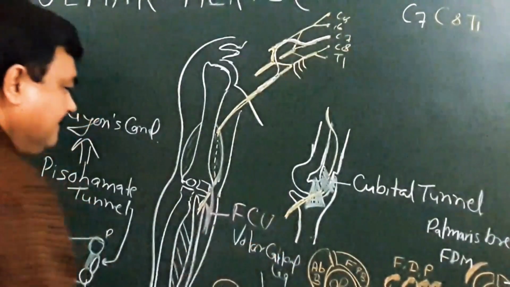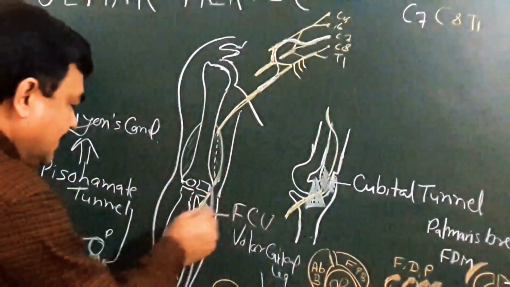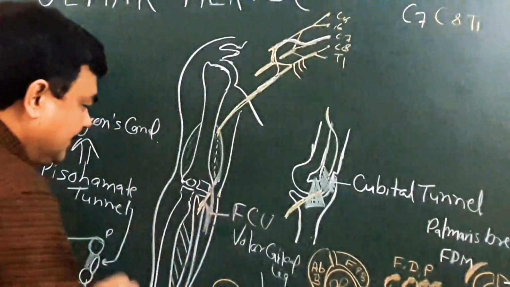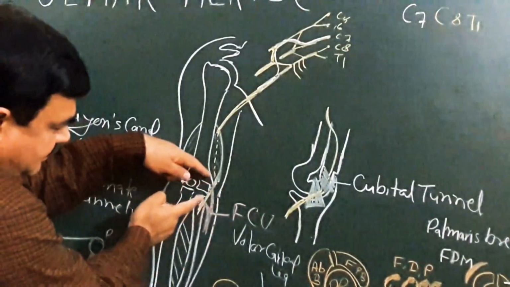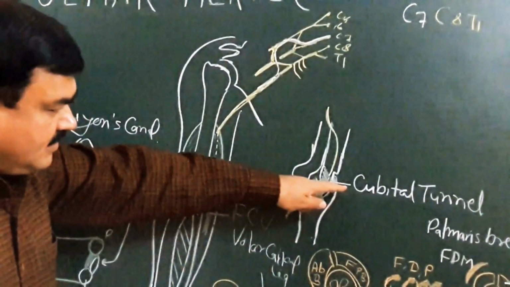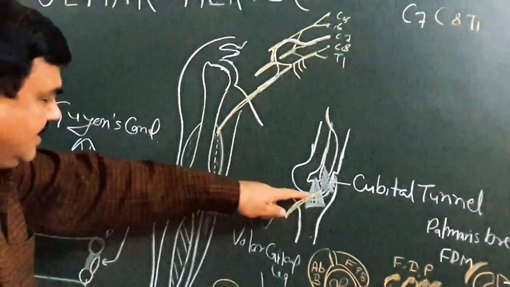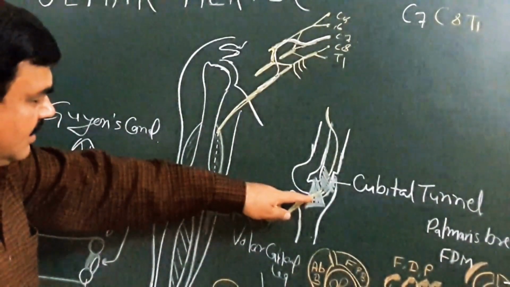This C7 fiber gives supply to this muscle, flexor carpi ulnaris. The C7 fiber. Here.